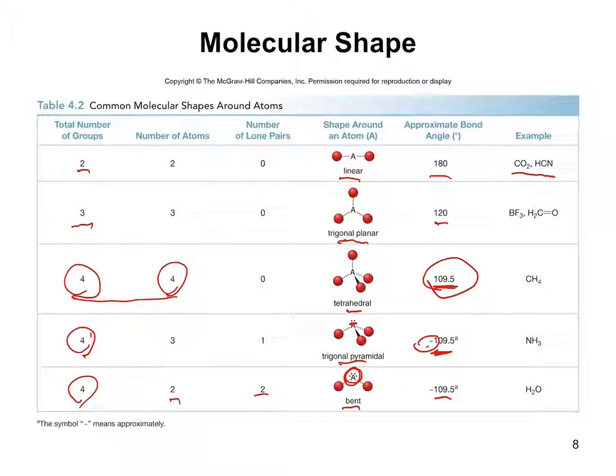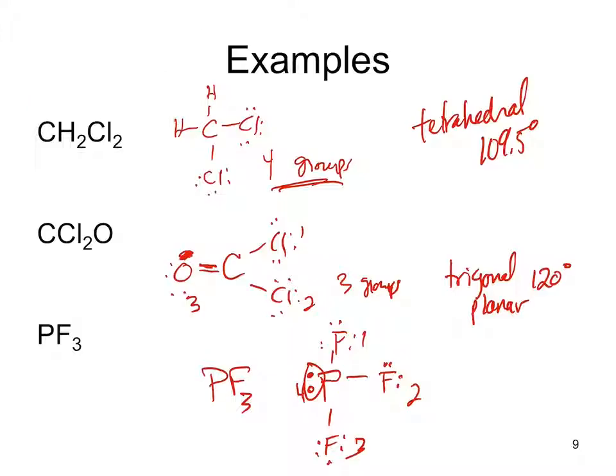So we have 4 groups right here with 3 atoms and 1 lone pair, so it's trigonal pyramidal and less than 109.5. So trigonal pyramid's fine too. Less than 109.5 would be fine. Okay, so that's how you use VSEPR theory to predict the shapes of molecules.